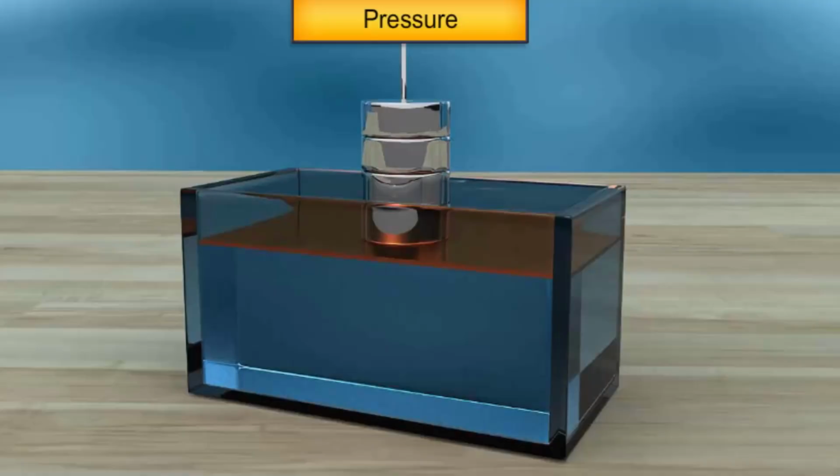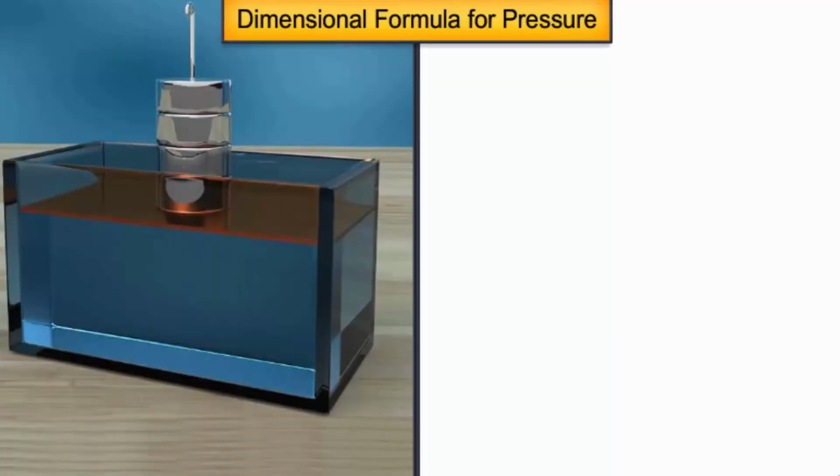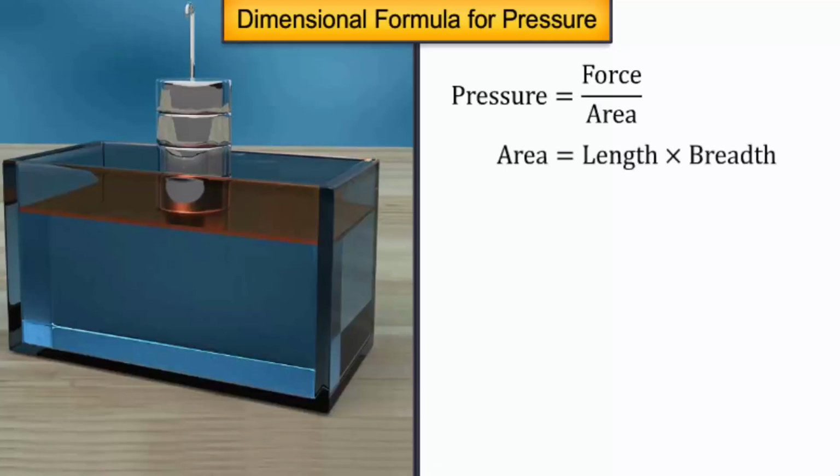Let us find the dimensional formula for pressure, which is equal to force per unit area. Area is the product of length and breadth. Length and breadth represent the base quantity, length.